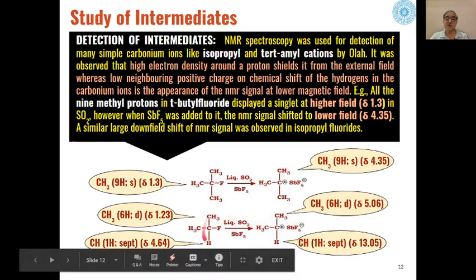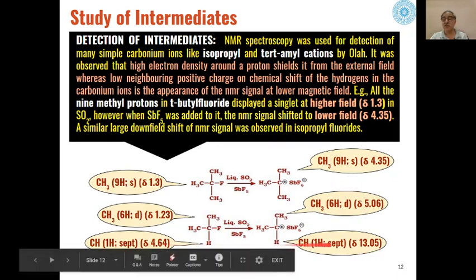Similarly, in case of isopropyl fluorides, they pass through these types of intermediates, and in the substrate, if we see the NMR spectrum, then methyl will show a peak at 1.23, whereas this proton will show a peak at 4.64 chemical shift delta. Whereas when these types of intermediates are formed, the signal for this methyl group shifts to delta 5.06, and the signal for this goes to delta 13.05.